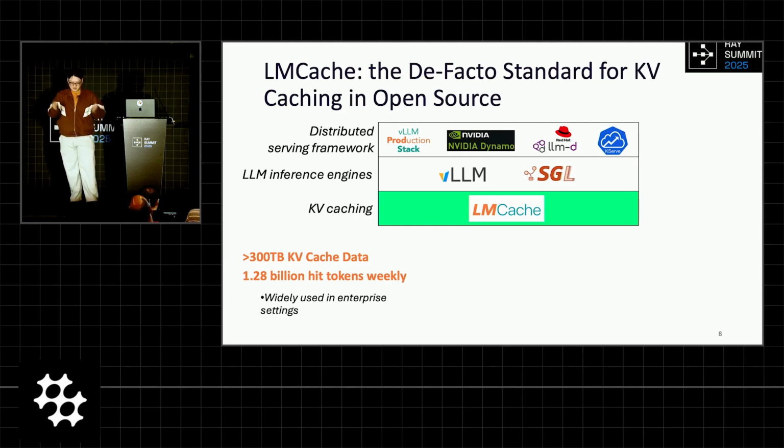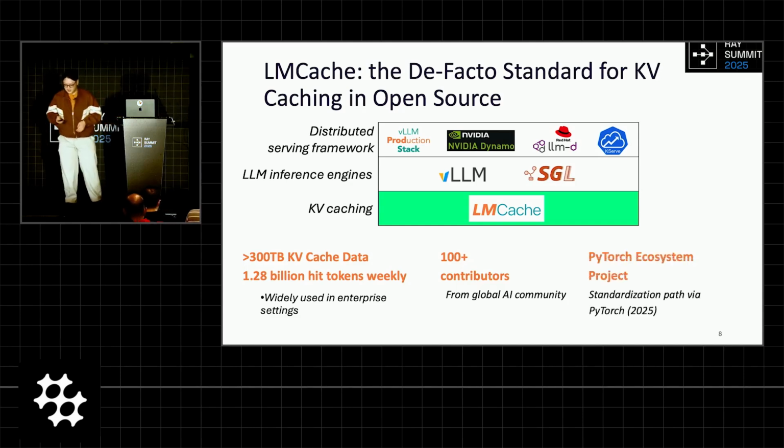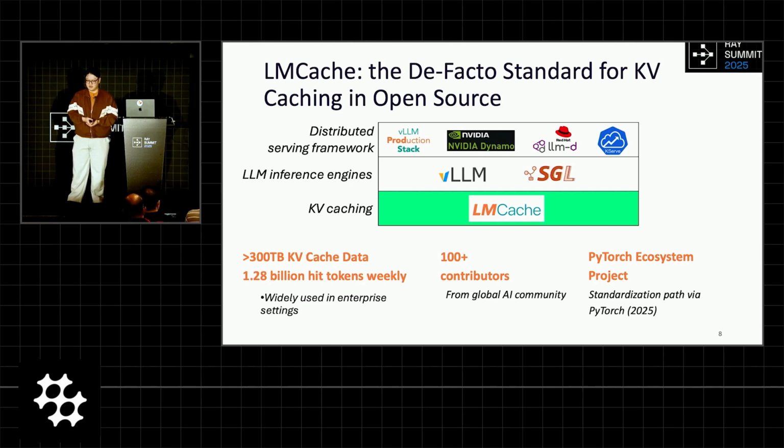That sounds like a huge amount of data, and it definitely cannot fit into GPU memory. We also have over 100 contributors from the global AI community, from China, from the US, and from all kinds of places. We have also already joined the PyTorch ecosystem project, and it will remain open source.